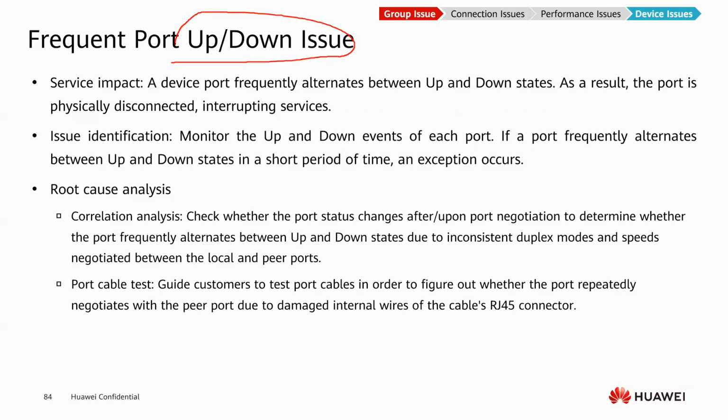If a port is always up and down, it impacts network stability, so you need to analyze the network. It is based on the correlation analysis and the port cable test to identify the port.